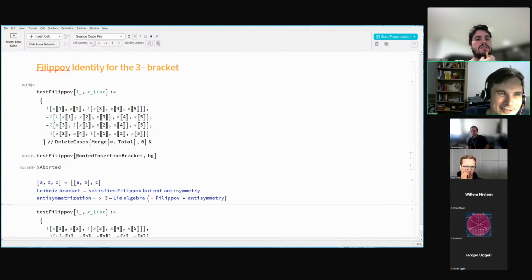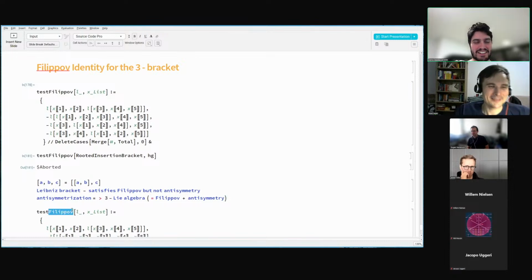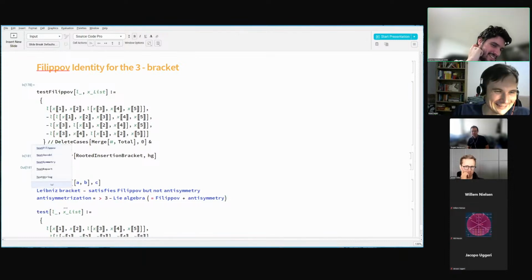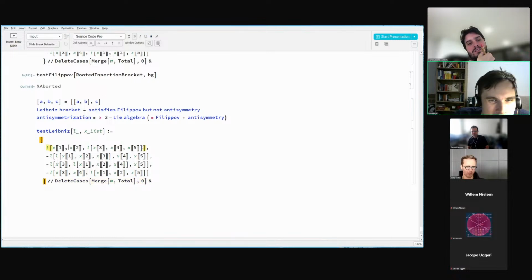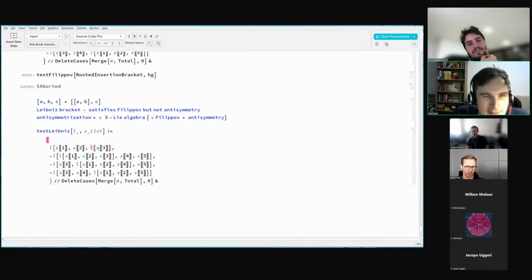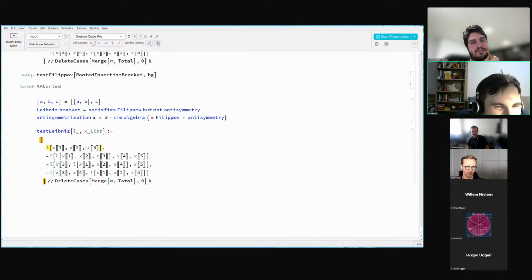Cool. So now we are actually doing research directly with exactly the notebook. This is what this is all about. We test Leibniz, and you just take LX3, and now you just take the double here.